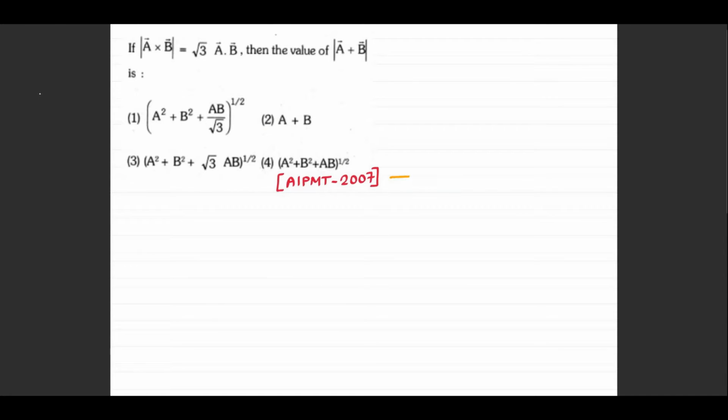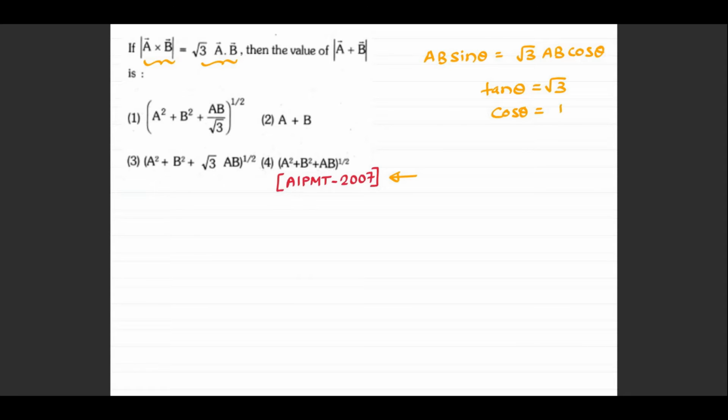The next question then is from AIPMT 2007. It says the modulus of cross product and modulus of dot product are related as shown. So can I say this is the relation given. So tan theta will be root 3.